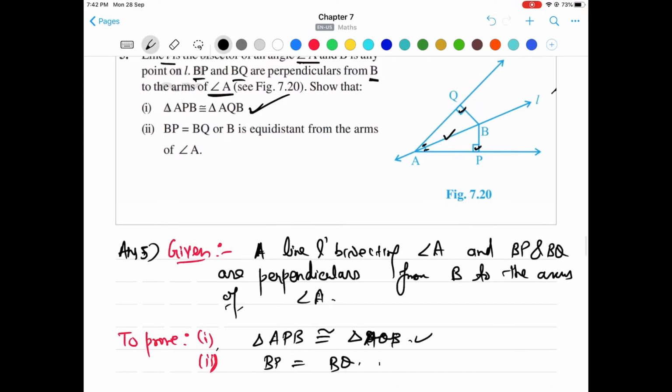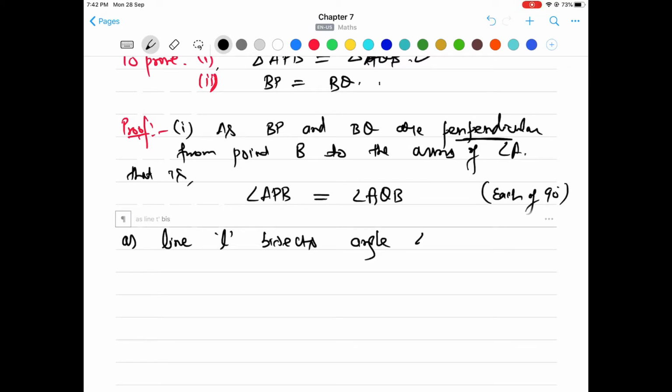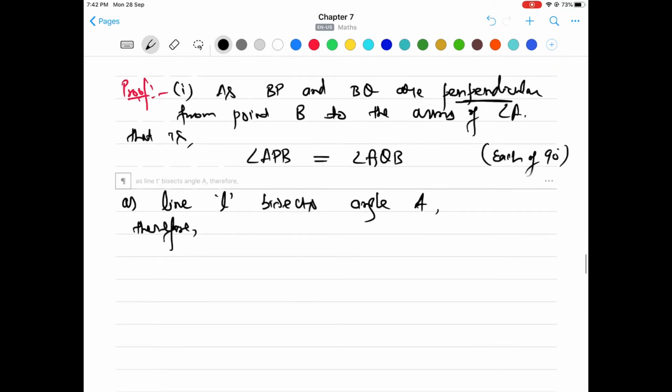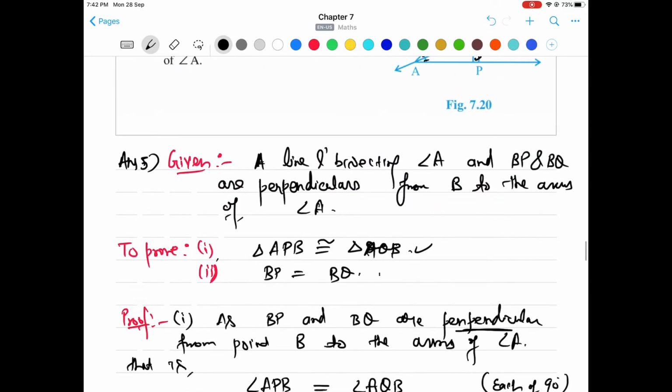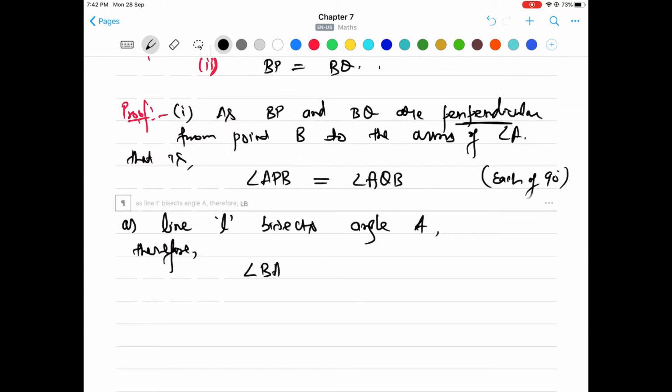Then we have another angle, which is angle A bisected by the line L. So I'll write line L bisects angle A, therefore, because line L is bisecting angle A, the angles BAP and BAQ, angle BAP will be equal to angle BAQ.